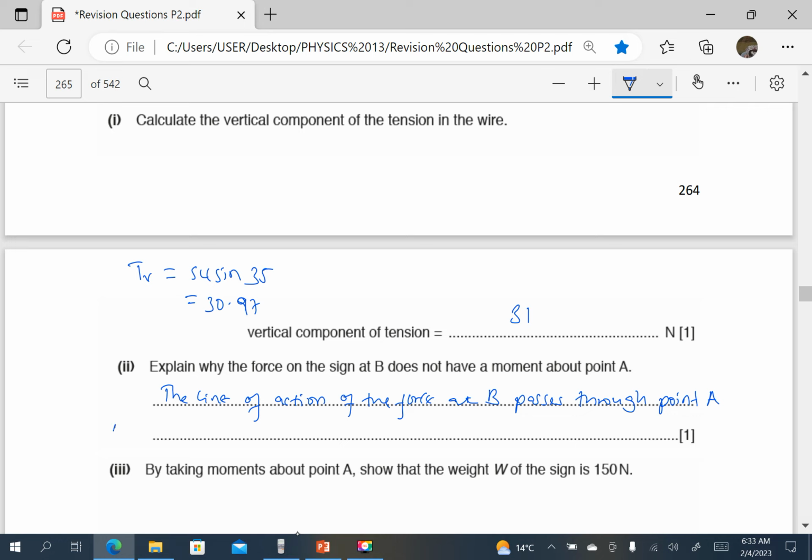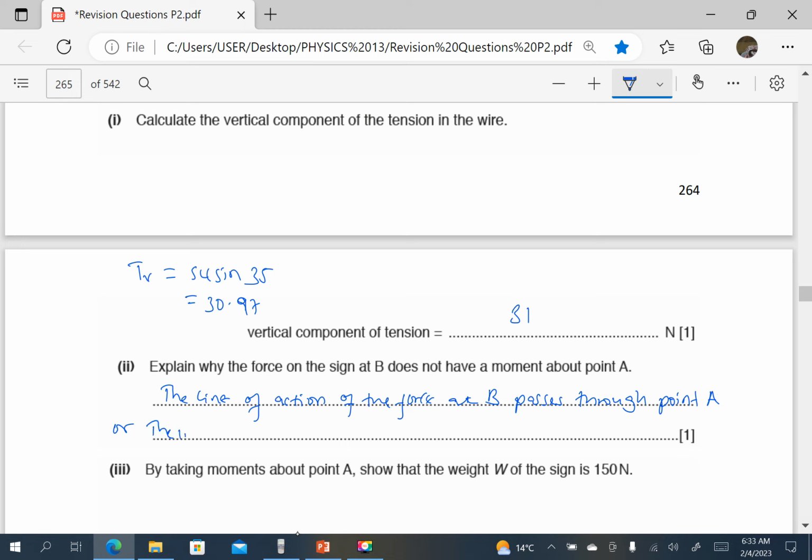Or we can say the line of action of the force at B has zero perpendicular distance from point A, because moment is force times perpendicular distance. If perpendicular distance is 0, then the moment is 0.